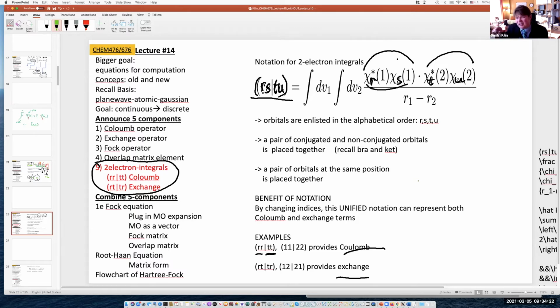I have another slide later. Let me just say that matrix elements are computed for atomic orbitals, and then later forwarded into the basis of molecular orbitals.